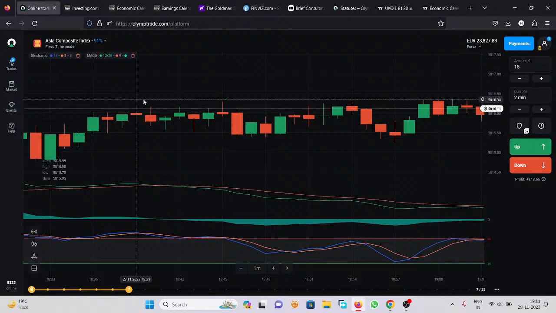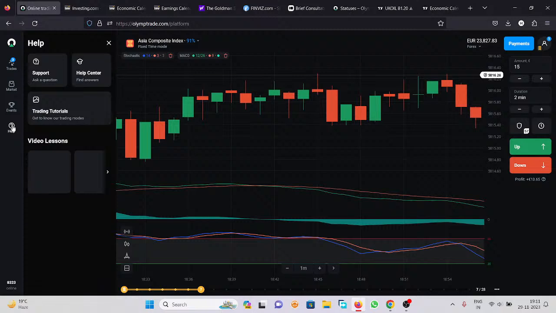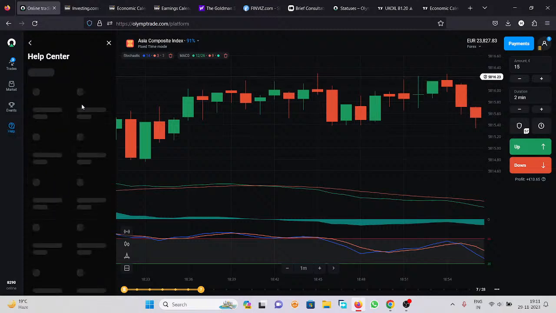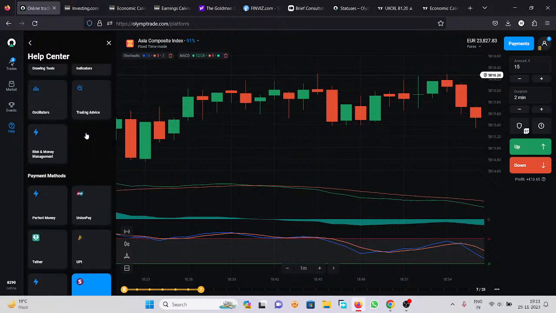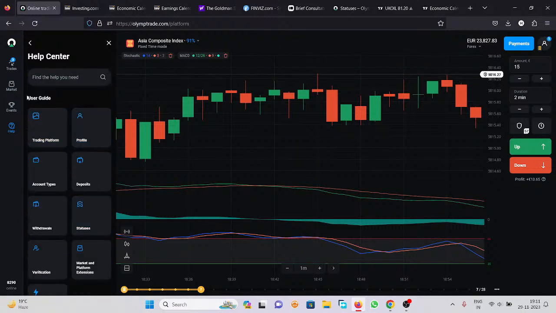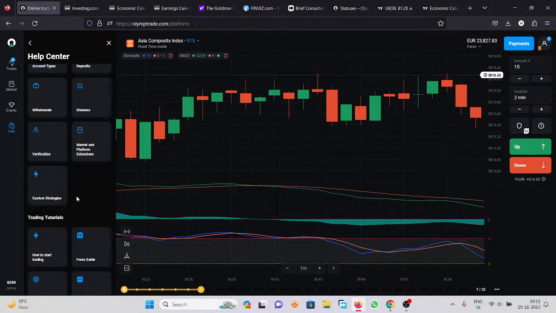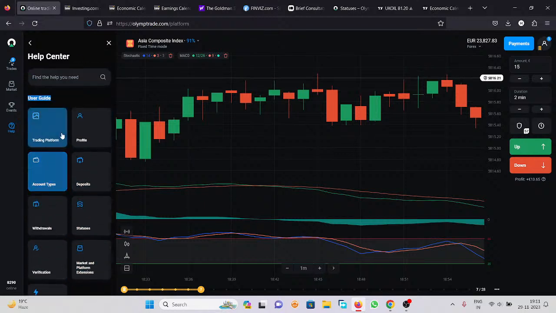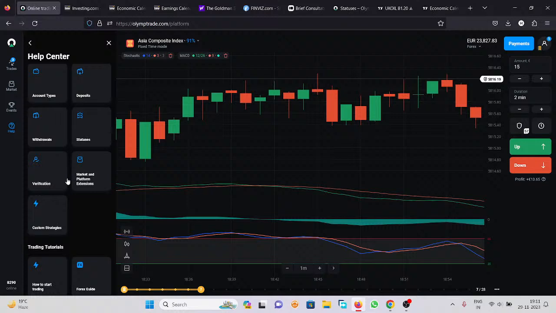You need to understand each and every strategy, because learning is most important. You have a chance to learn. There is an option in the help section. You need to go to the help center. In the help center, there are 3 sections. One section belongs to the user guide, which is about your account problems like deposit, withdrawal, verification, how to check, how to do.